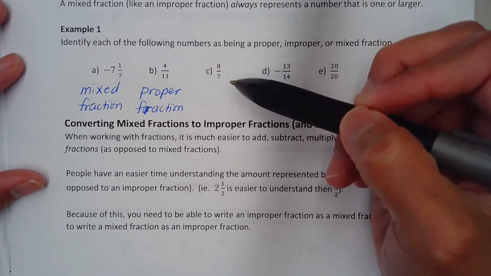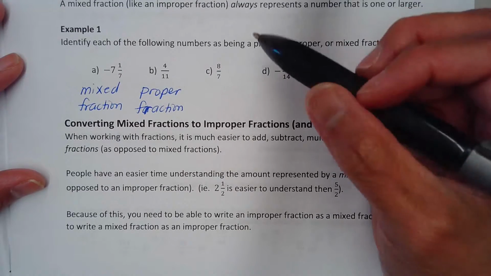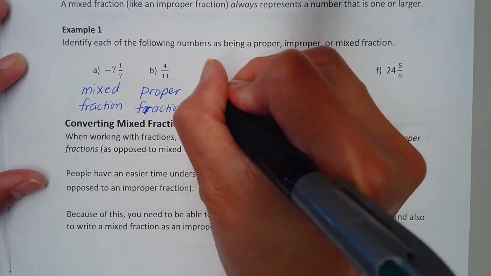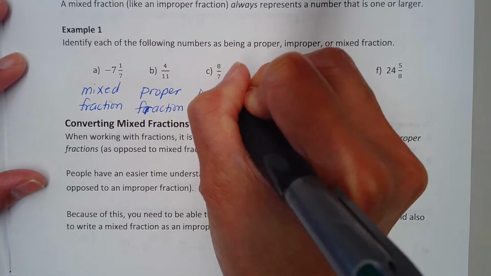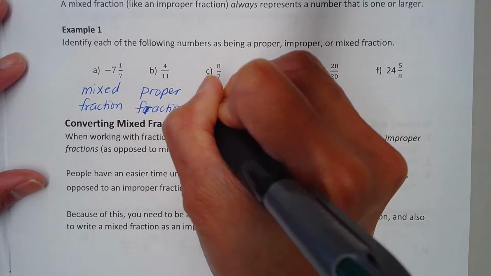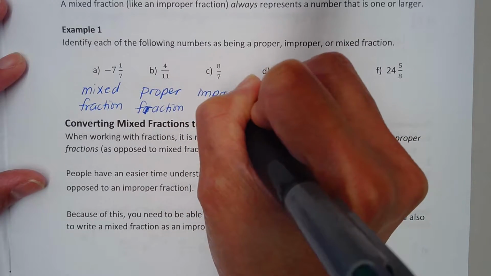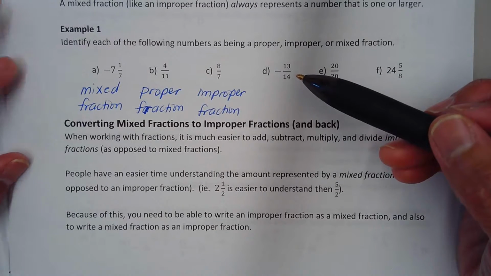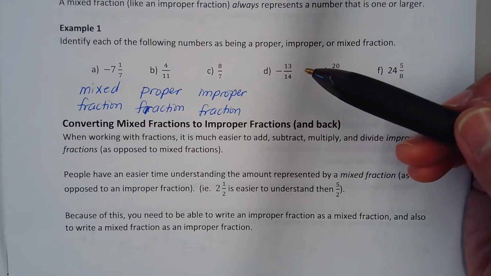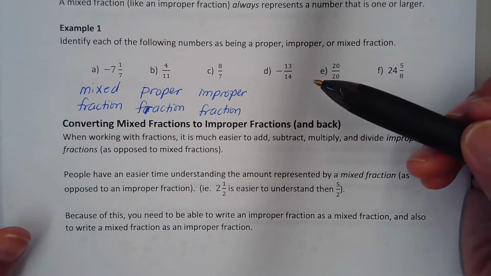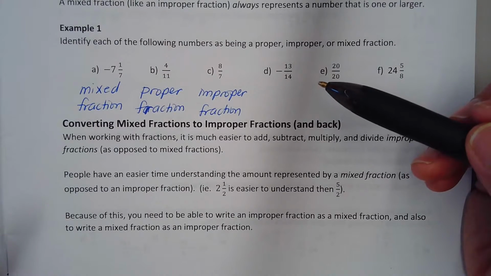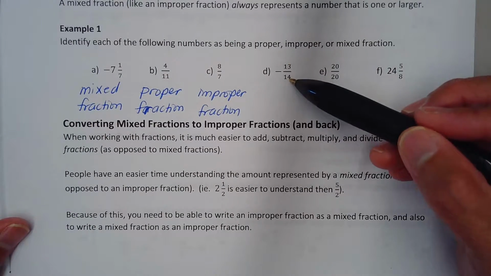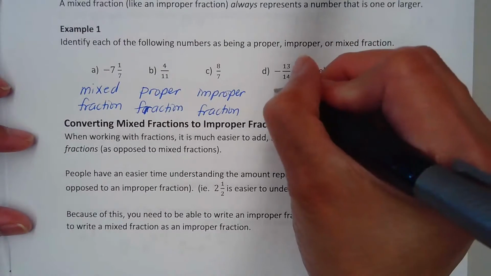What about 8/7? Improper. Letter D. Proper. Is everybody okay with that? Proper fraction because the numerator is less than the denominator.